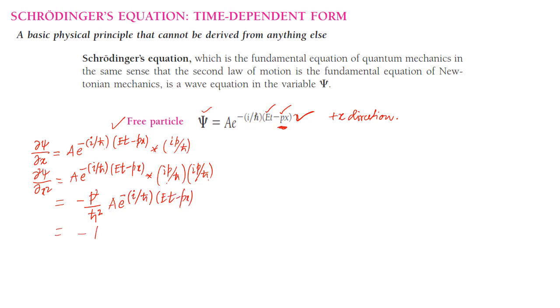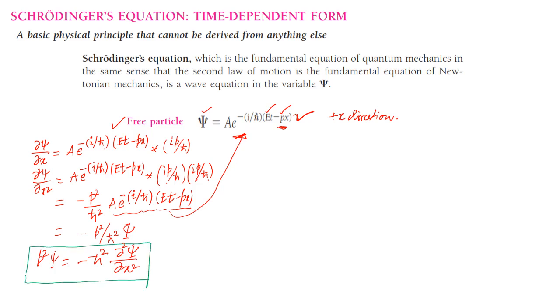This is nothing but minus p square over h cross square times psi. So we can write p square psi is equal to minus h cross square del 2 psi over del x square. This is one equation we get by differentiating psi with respect to x.